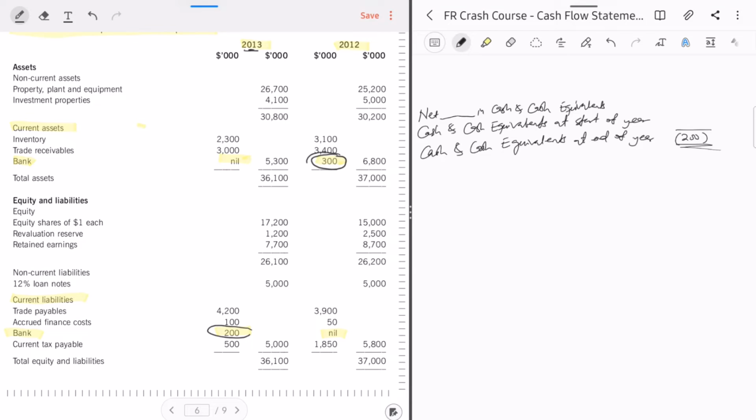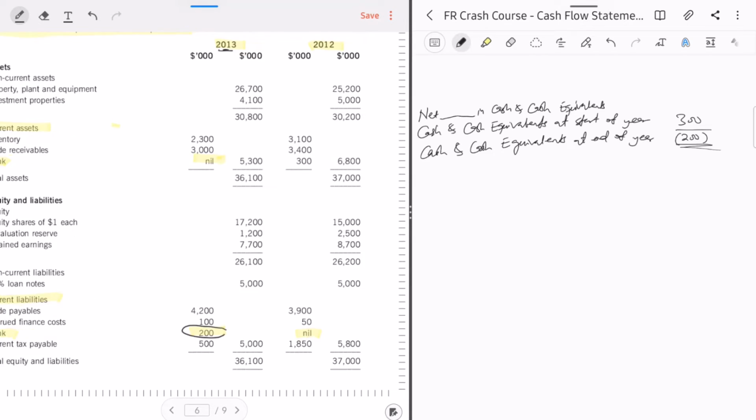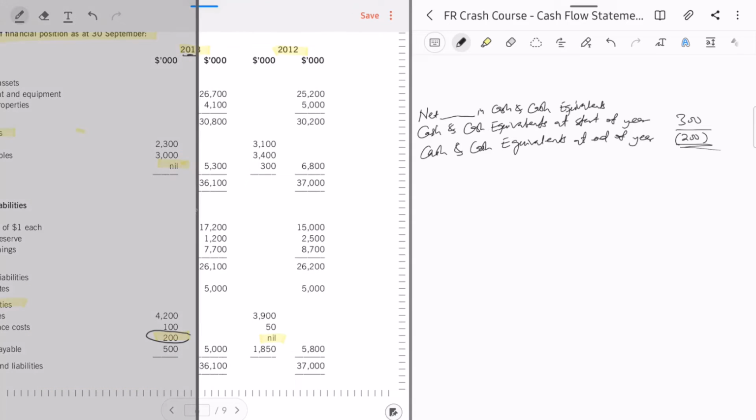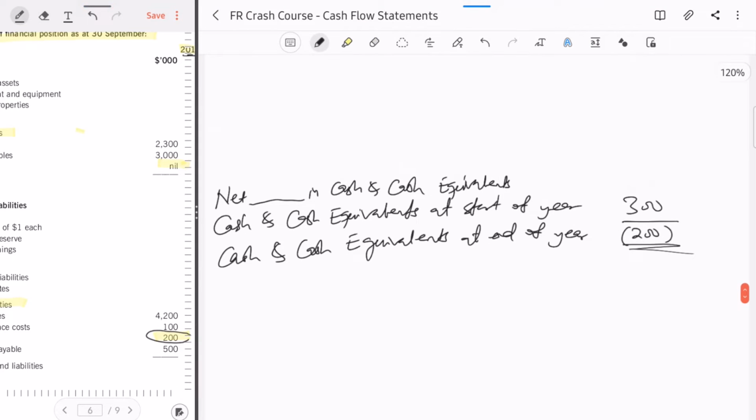Right here, 300. So all I'll do is put at the start of the year, 300. Then my job now is to ask myself, how has this balance moved over the year? Right? So let's ask ourselves the same question. What will happen?